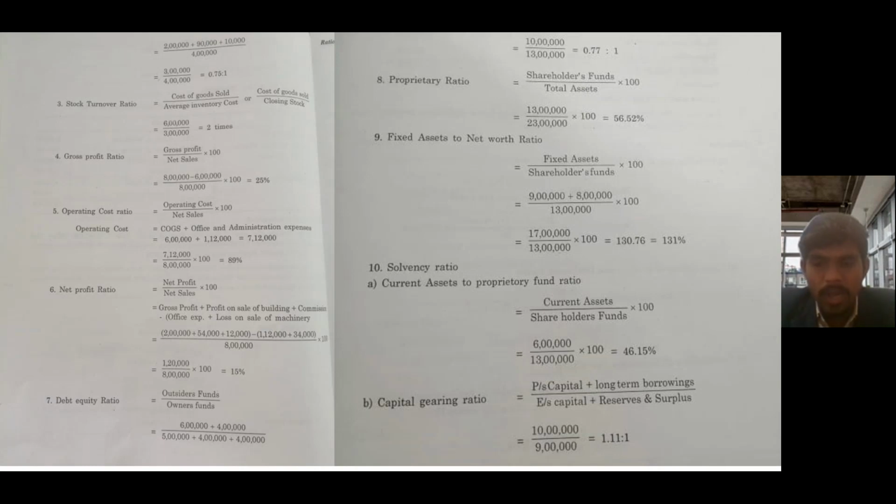Those are the two bigger assets, with values of 9 lakh rupees and 8 lakh rupees. So the total is 17 lakh, and the shareholders' funds we already calculated is 13 lakh rupees. So the percentage is 131% of net worth invested in fixed assets.